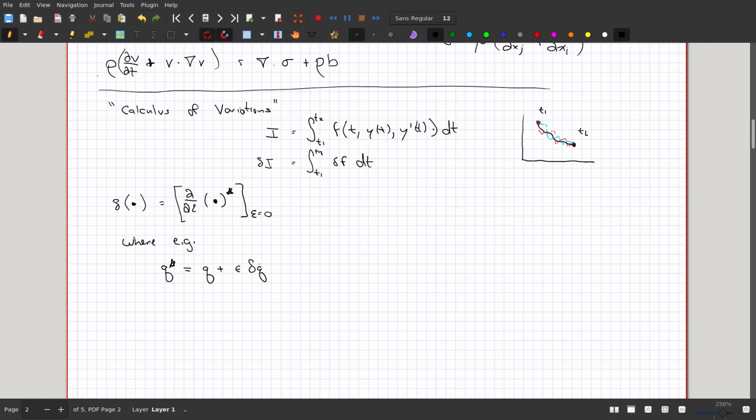Let's say I want to compute the variation of a function T, a function of the velocity vector and time.